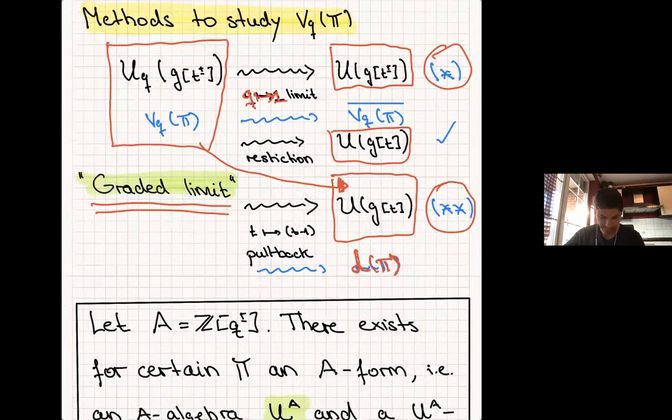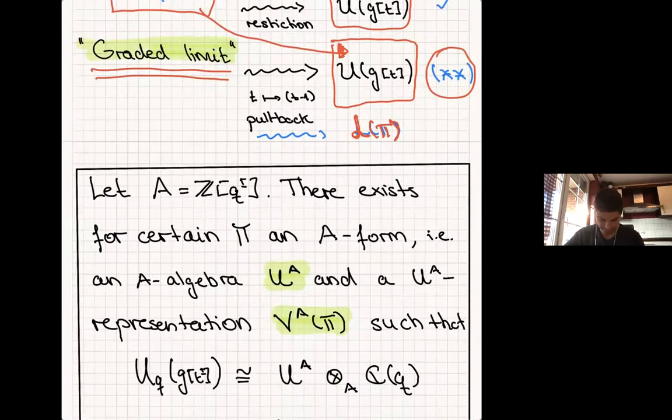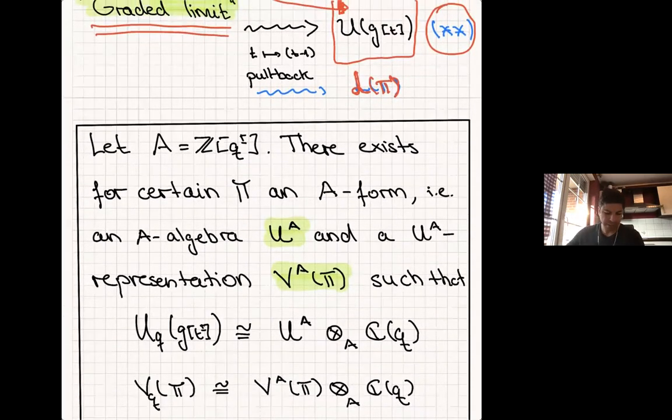Okay, so let me maybe open until here. So first, you look at Z[q, q^-1], the Laurent polynomial ring over the integers. And for certain pi, not for every pi, there exists an A-form. So what does it mean, an A-form?